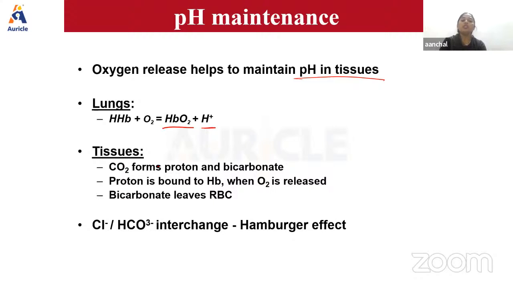So in tissue, CO2 forms proton and bicarbonate. Proton is bound to Hb when O2 is released, and bicarbonate leaves the RBC. Then we have chloride and bicarbonate interchange, that is known as the Hamburger effect, that we're going to study in detail.